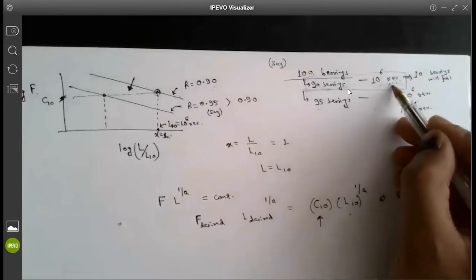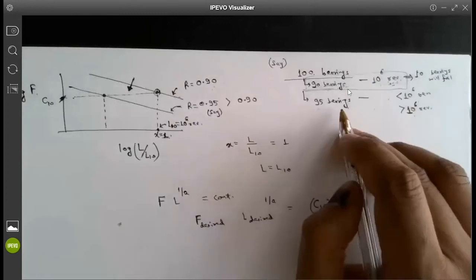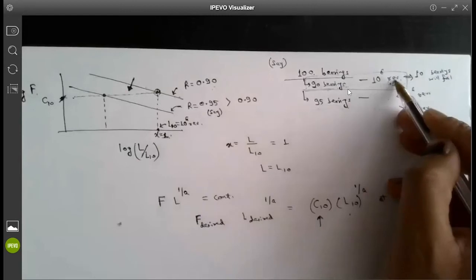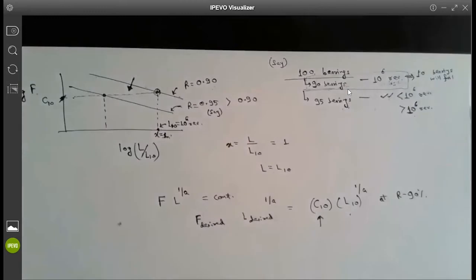Now somebody asks you, quote me the life for 95 bearings. So obviously this is not going to be more than this. It will always be less than this. Are you getting that?